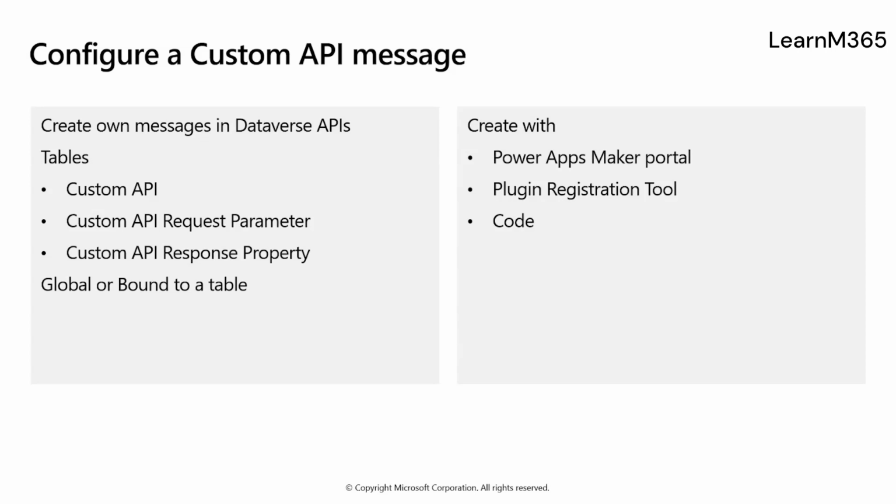And you can create it using either the Power Apps Maker portal, the plugin registration tool, or using code. Although in the session we are not covering this particular topic in depth, it is giving you the option that you can configure a custom API message also.